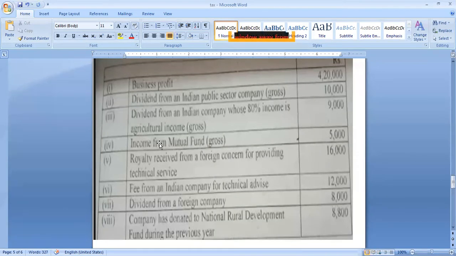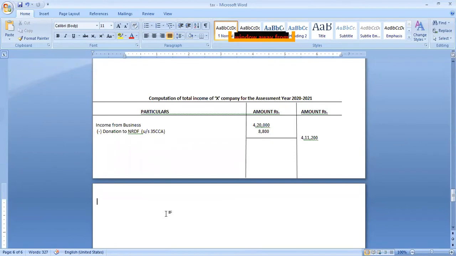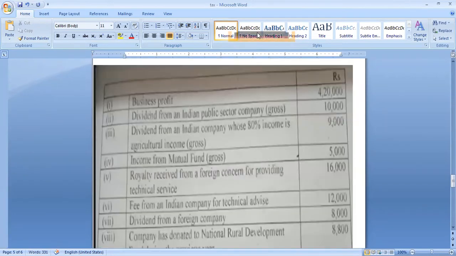But these dividends, income from mutual fund, royalty, fee from an Indian company, dividend from a foreign company, these are income from other sources. So you have to show income from other sources. You have to clearly remember that these are exempt. Dividend from an Indian public sector company is exempt. Similarly, dividend from an Indian company whose 80% income is agricultural income is exempt.